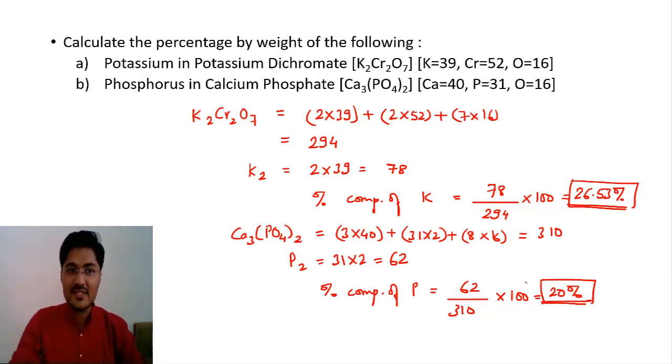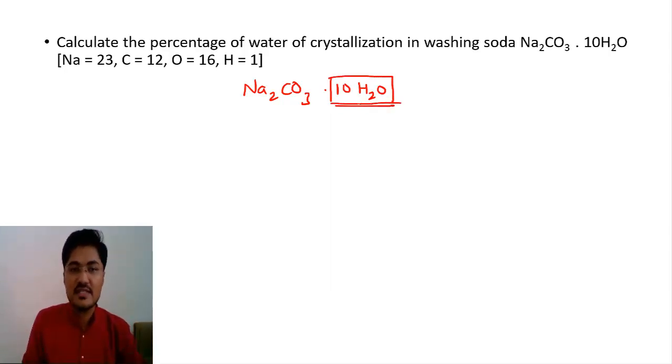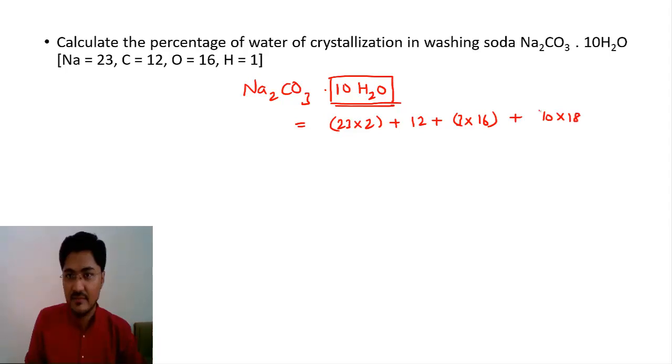Now let's look at the next numerical. Calculate the percentage of water of crystallization in washing soda, that is Na2CO3.10H2O. Here .10H2O is the water of crystallization, and that you should know by default. The total molecular weight of washing soda is 23 into 2 plus 12 plus 3 into 16 plus 10 into 18, that is the weight of water.